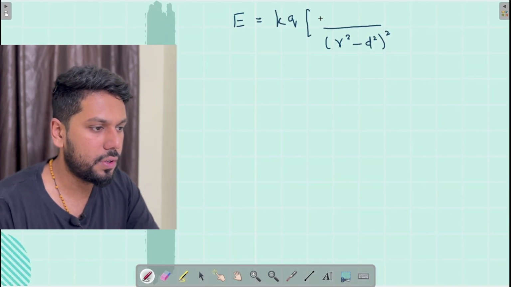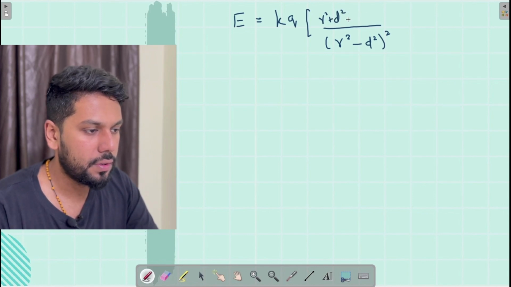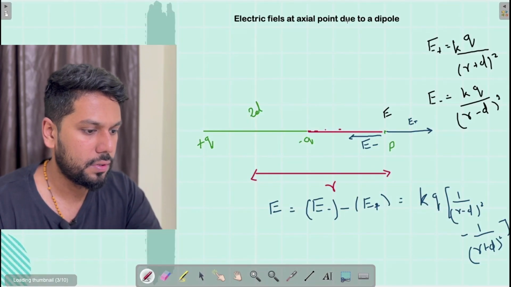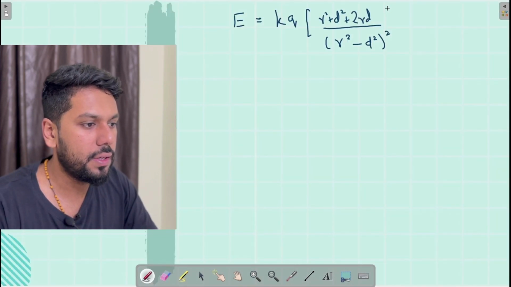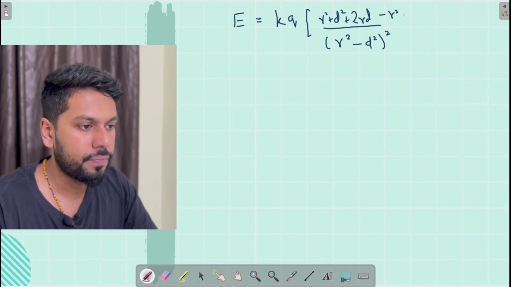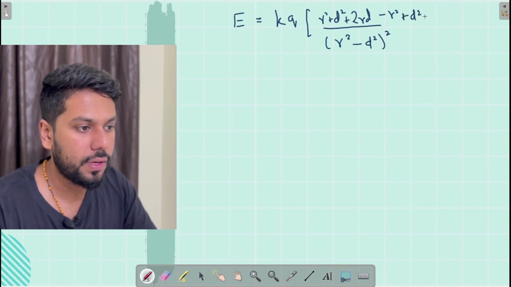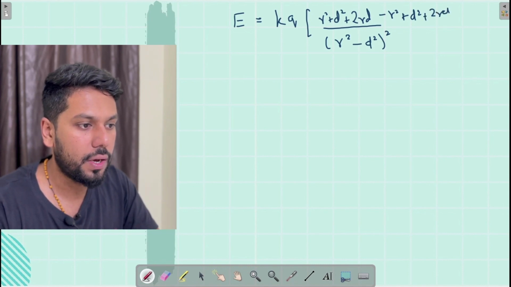So on top, R square plus D square, then the positive part will go forward, 2RD, minus R square plus D square, minus will become plus 2RD.